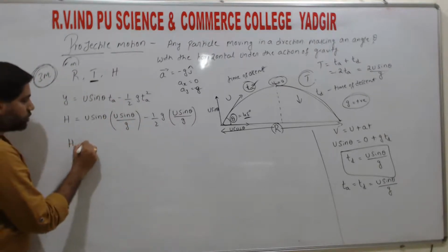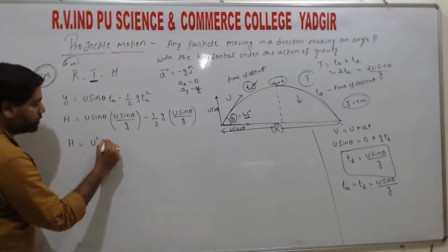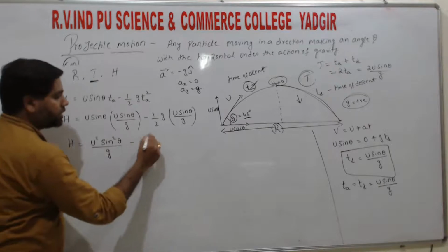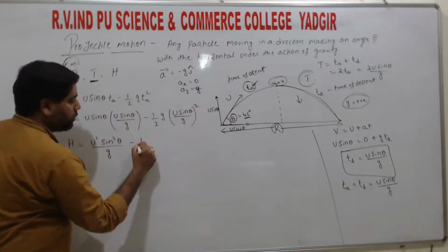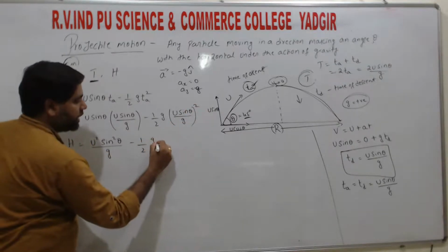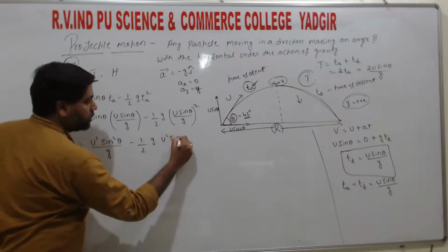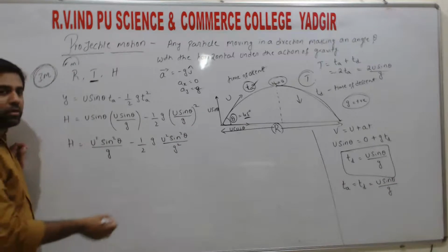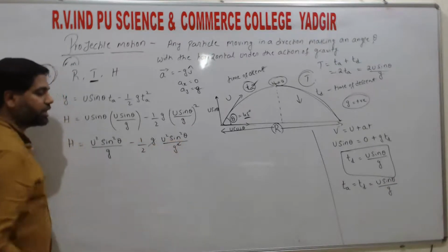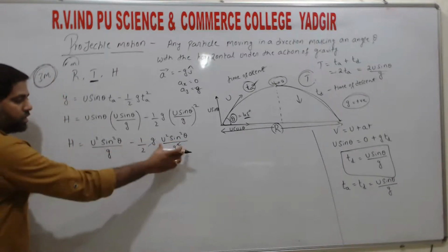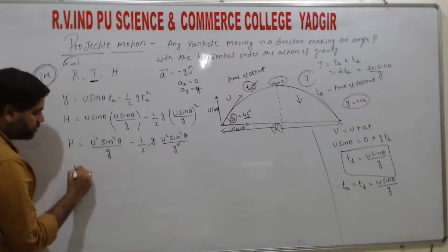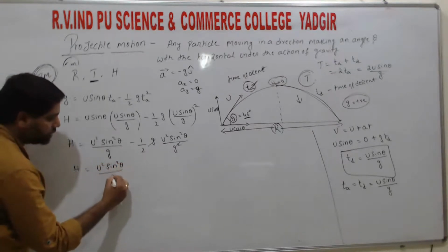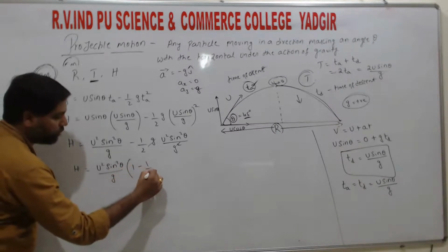So h is equal to u square sin square theta by g minus 1 by 2 g into u square sin square theta by g square, right? So g square gets cancelled, and these two are the same, so we can take u square sin square theta by g common, 1 minus 1 by 2.